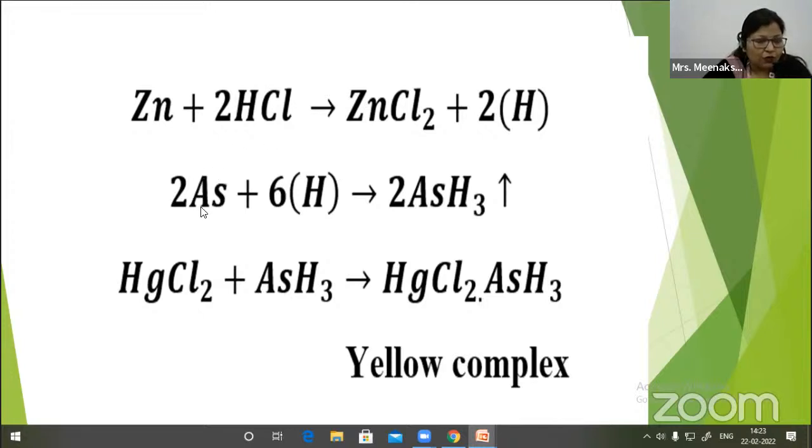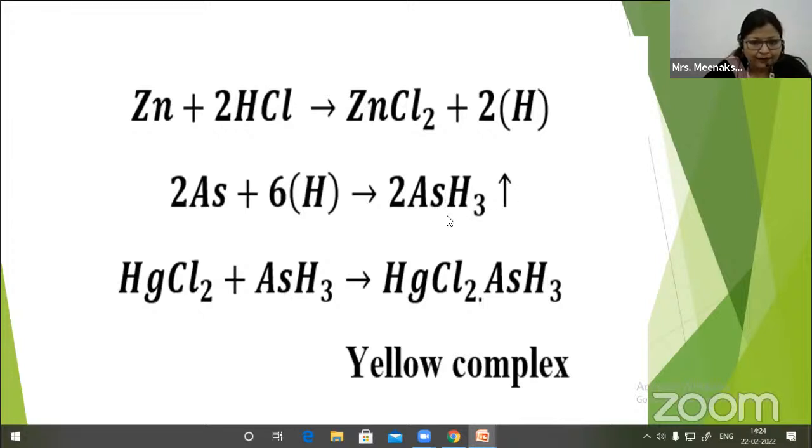Arsenic is also reduced from the state of 5+ to 3+. After this, the nascent hydrogen reacts with arsenic to form arsine gas, AsH3, shown by the arrow upwards.